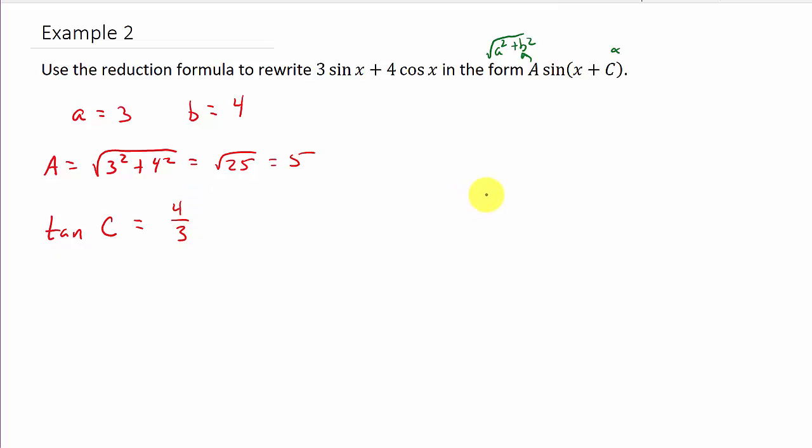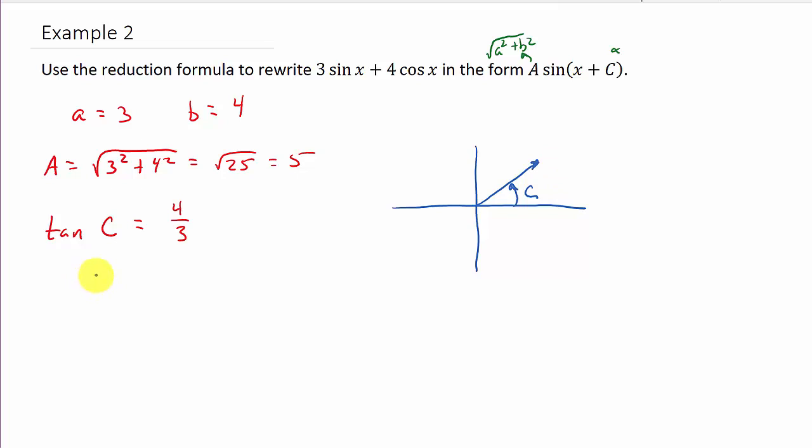So if I plot the point (3, 4), because remember it passes through the point (a, b), I go over 3 and up 4, and I can see my angle is in the first quadrant. If you've watched the other videos, we found a reference angle, but we don't need to find the reference angle here. Well, actually we are, because the reference angle is the first quadrant angle.